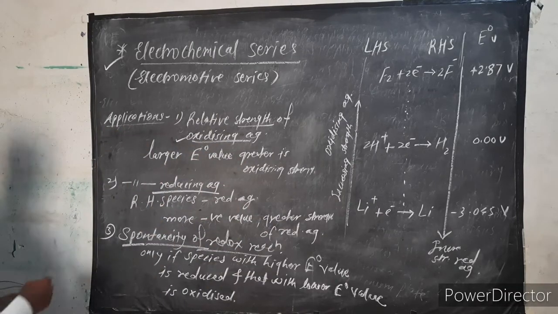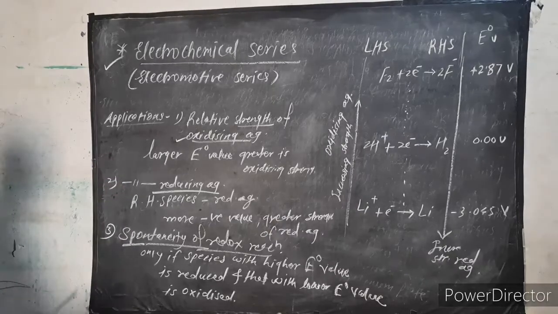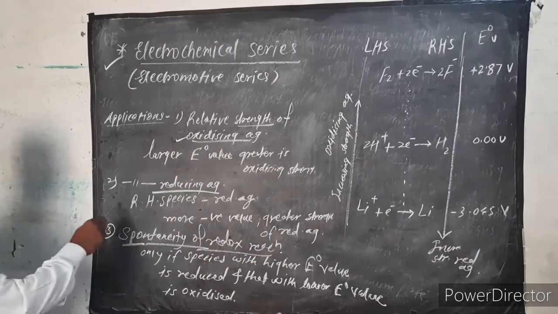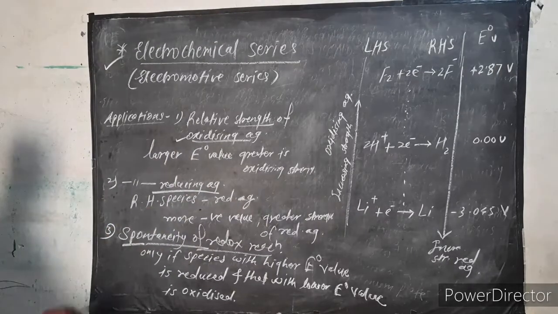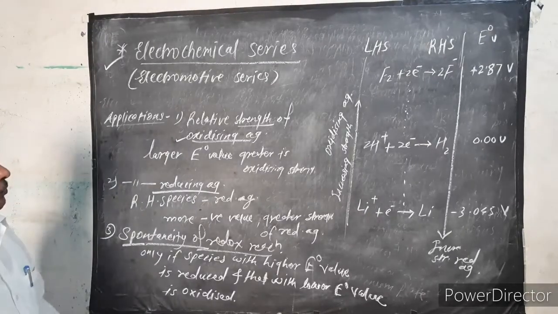Now we'll see its applications. The first is the relative strength of oxidizing agents, the second is the relative strength of reducing agents, and the third is the spontaneity of redox reactions.